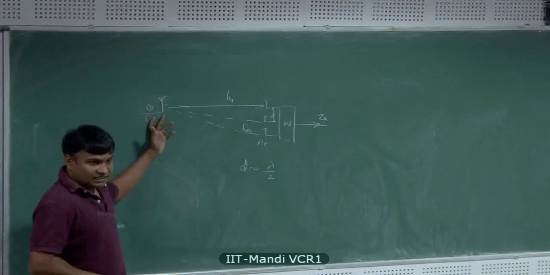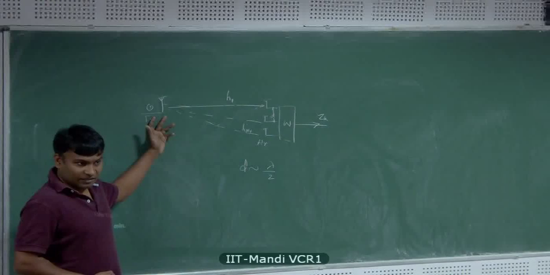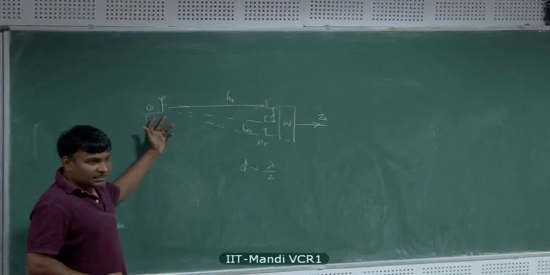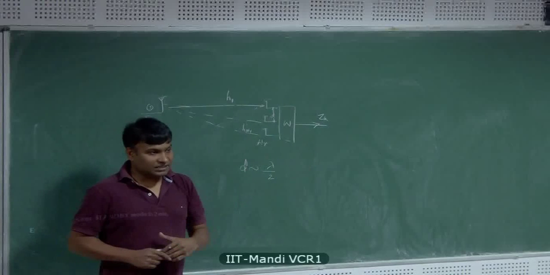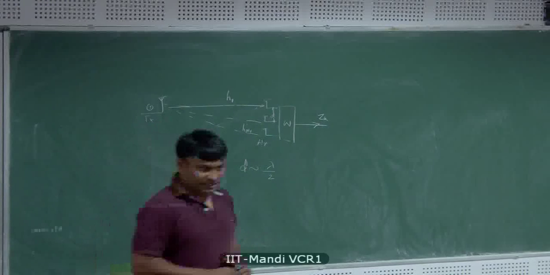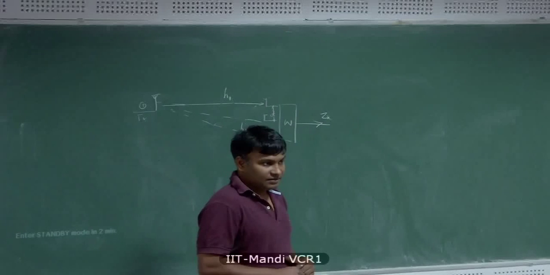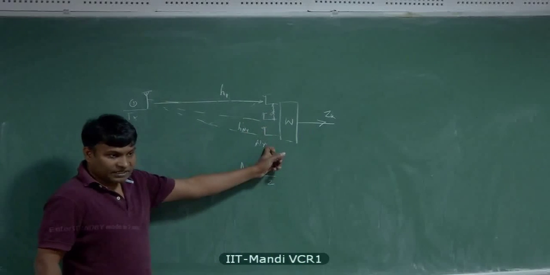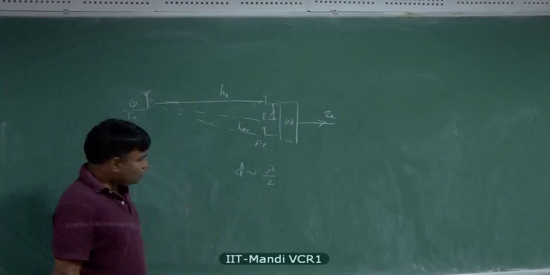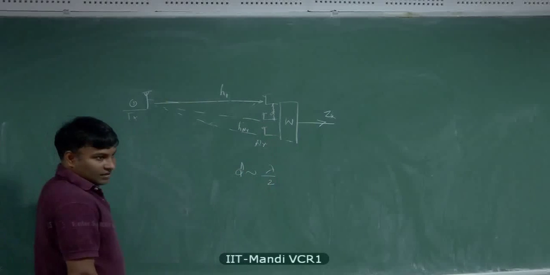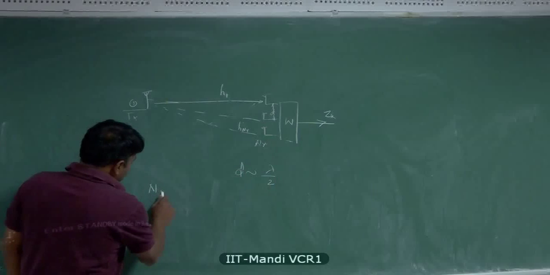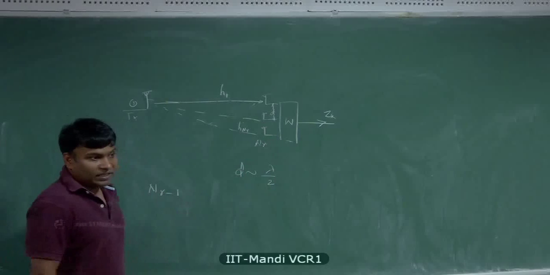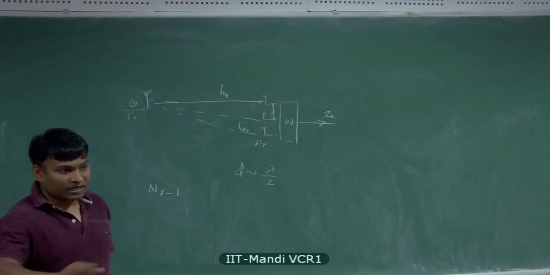If you reuse the frequencies in different cell sites because of scarcity of spectrum, then the signals arising from neighboring base stations will act as interferers. If you use an antenna array with NR receive antennas, you can show that you can reject NR minus 1 dominant co-channel interferers completely. You can null them out using an antenna array.